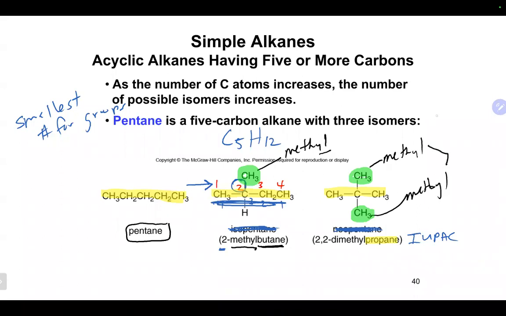So this would be dimethyl. And by the way, they do not have to be on the same carbon. The dimethyl just means that they are in the same compound. So they could be on different carbons if you want. And that again is where the dimethyl part of the name comes from.